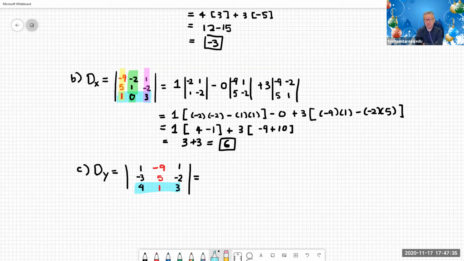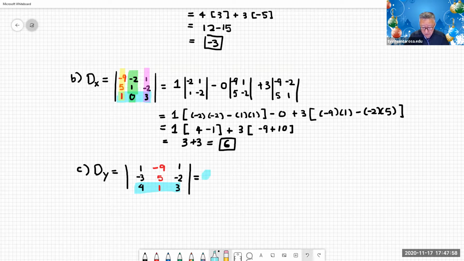But if there is at least one zero in the rows and columns, then you might want to choose that row or column to be your pivot row or pivot column. So here, the coefficient is going to be, remember, for the third row, same sign convention: plus, minus, plus. So here we go.